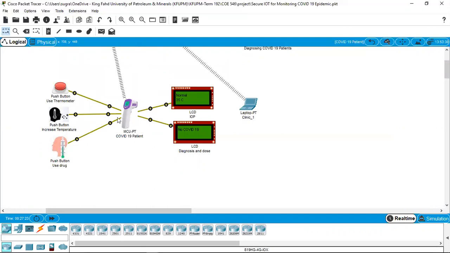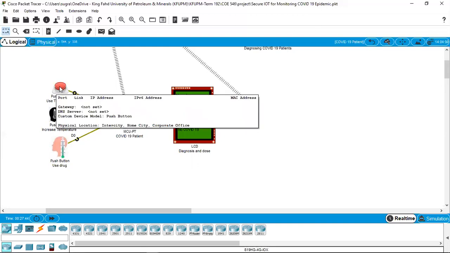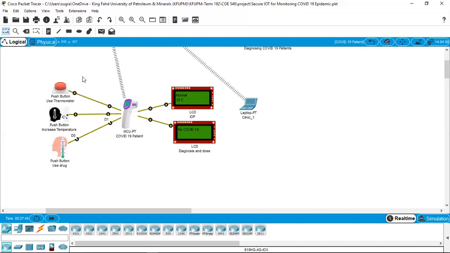This is a thermometer sensor which will do the diagnosing, and this button is used to emulate the increase in the patient temperature, and this button is used to give the drug to the patient to restore the normal condition, and this button is used to activate the thermometer sensor to do the diagnosing.